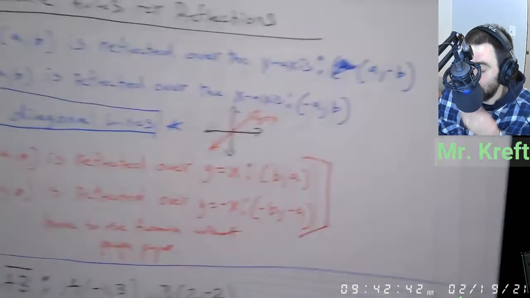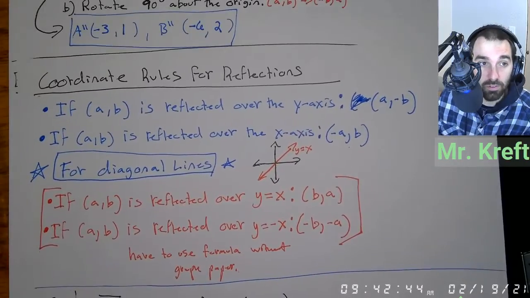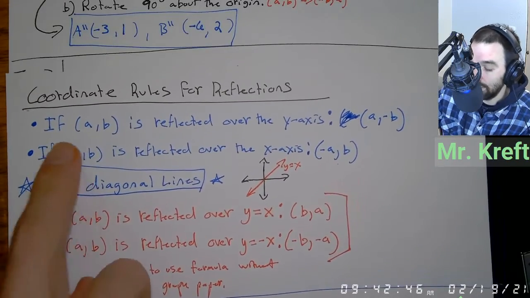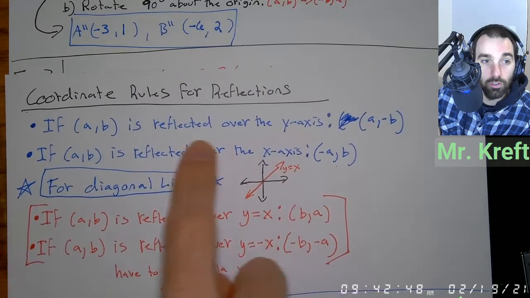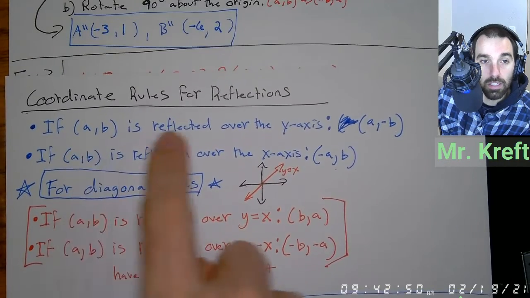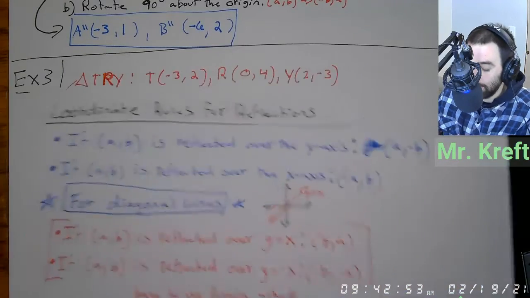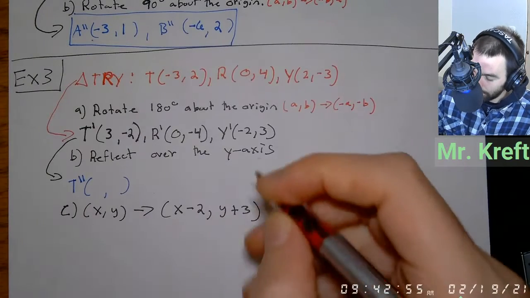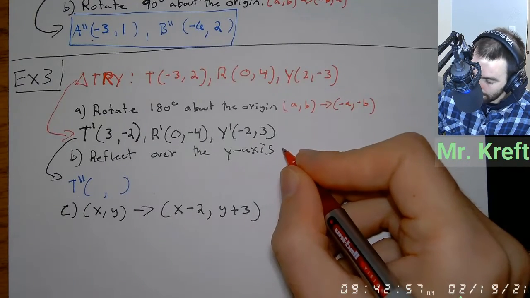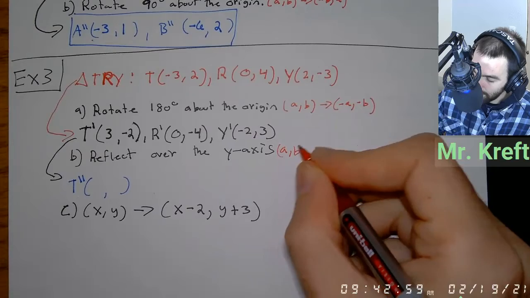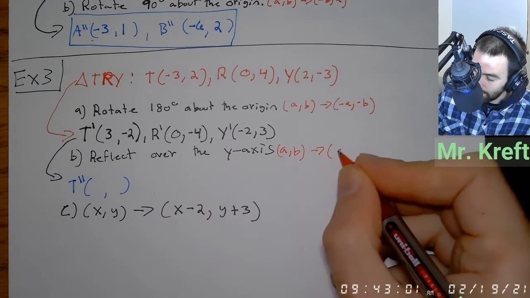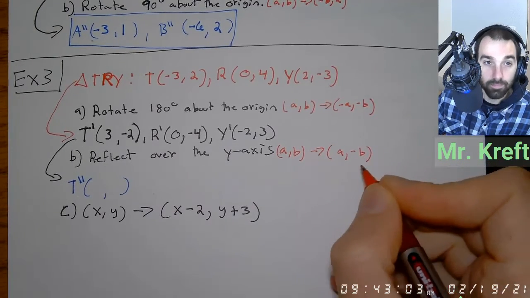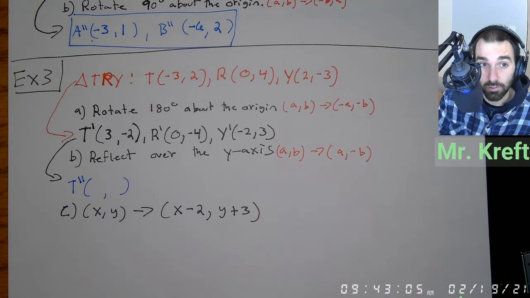If I go to my notes from yesterday, I know that if I start with AB, I'm going to have negative A, B. So if I start out with AB, I'm going to go to negative A, B. That's my formula from yesterday.